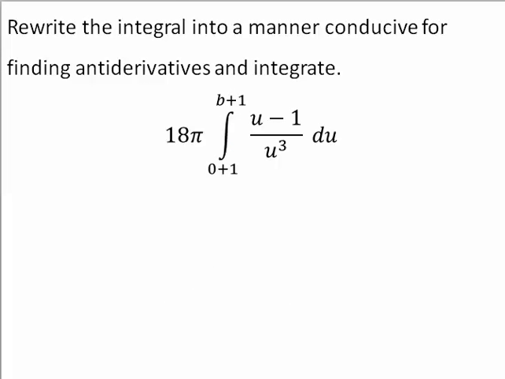So, my next job is to rewrite the integral in a manner conducive for finding antiderivatives, and then to integrate. Now, if I can't do that, then I might question my choice of a u substitution, but you'll see that this will be pretty easy. We take u and divide it by u to the 3, take 1 and divide it by u to the 3.